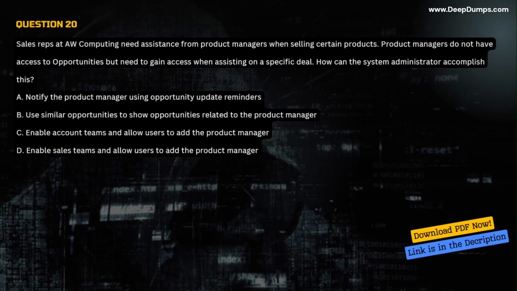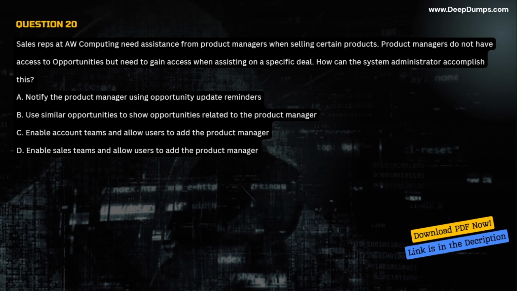Question 20. Sales reps at AW Computing need assistance from product managers when selling certain products. Product managers do not have access to opportunities but need to gain access when assisting on a specific deal. How can the system administrator accomplish this? A. Notify the product manager using opportunity update reminders. B. Use similar opportunities to show opportunities related to the product manager.